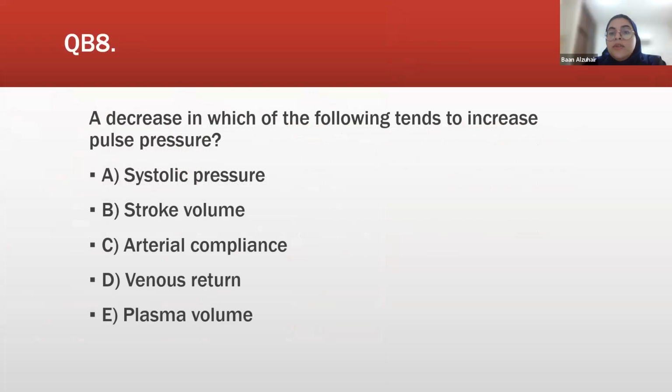A decrease in which of the following tends to increase pulse pressure? Saad says C. Aisha and Yasser say B. Can the people who chose B please explain why it's B?